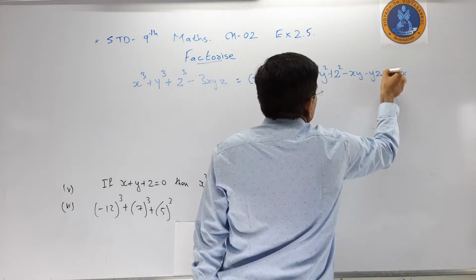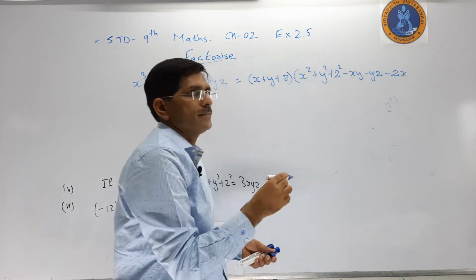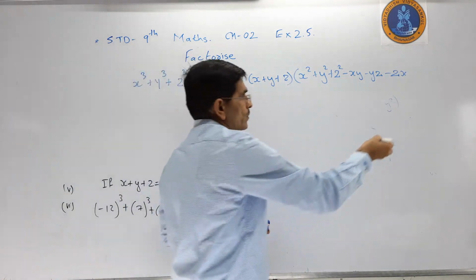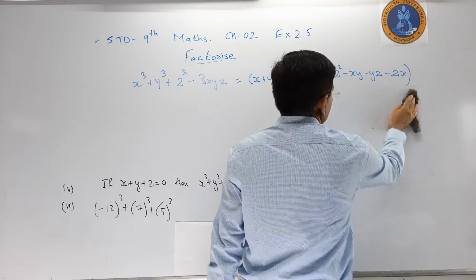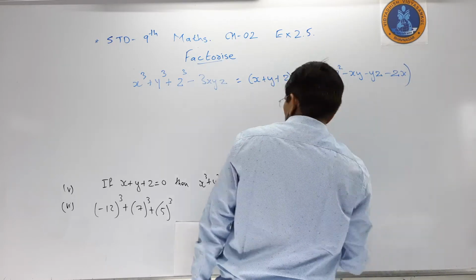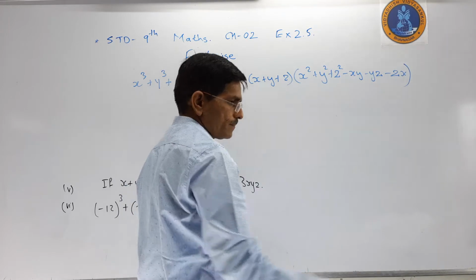It is not 2, it is z. So we have to open and close the bracket. By using this identity, we have to solve different sums.